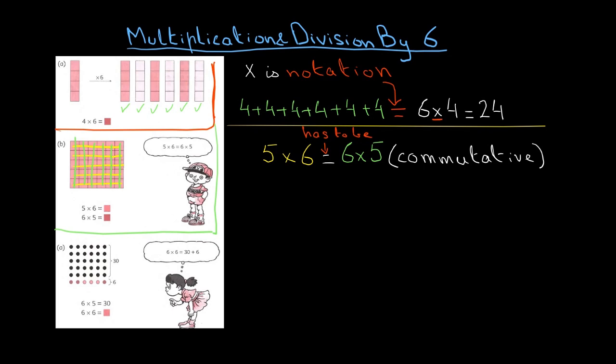In general, if you have really large numbers, like 479 multiplied by 806, this is equal to 806 multiplied by 479. I actually don't know what 479 multiplied by 806 is, but whatever it is, it has to be equal to 806 multiplied by 479 because of the commutative law. That's an important thing that we learn.